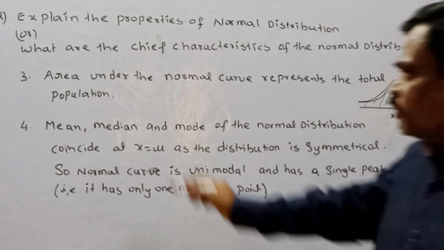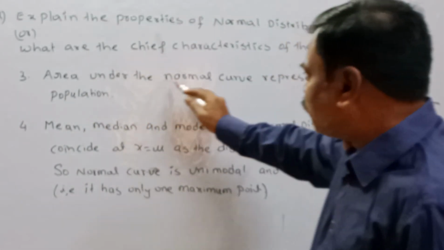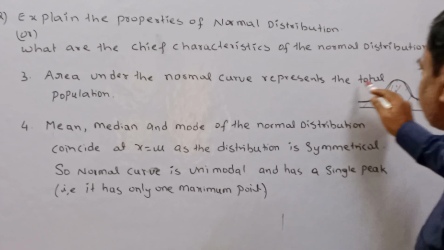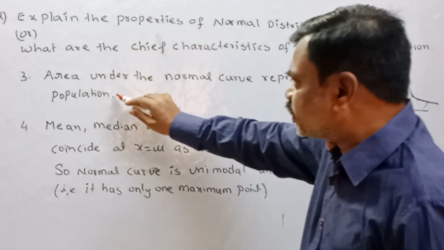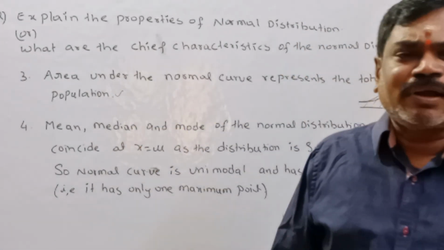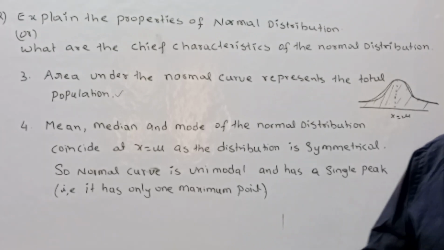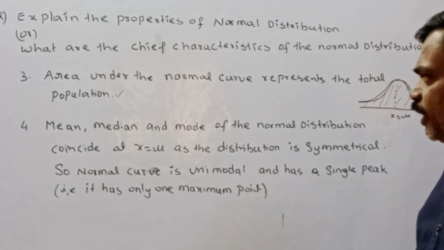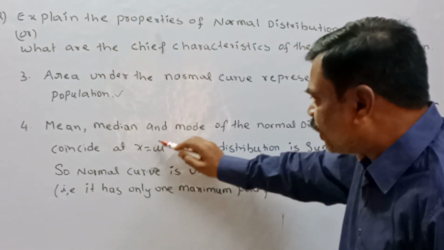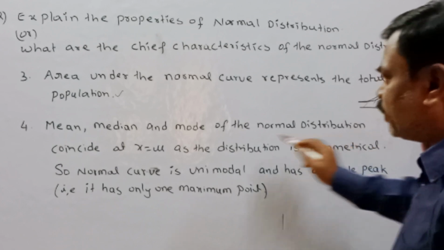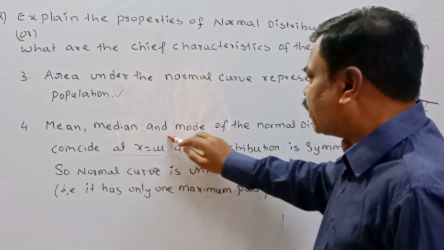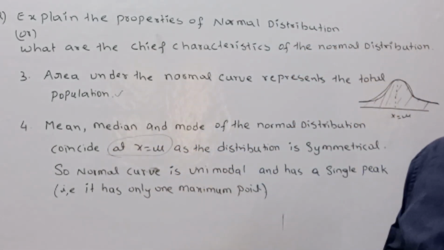Okay, all of you, the area under the normal curve represents the total population. This is the third property. And the fourth property: mean, median, mode of the normal distribution coincide at x is equal to mu.